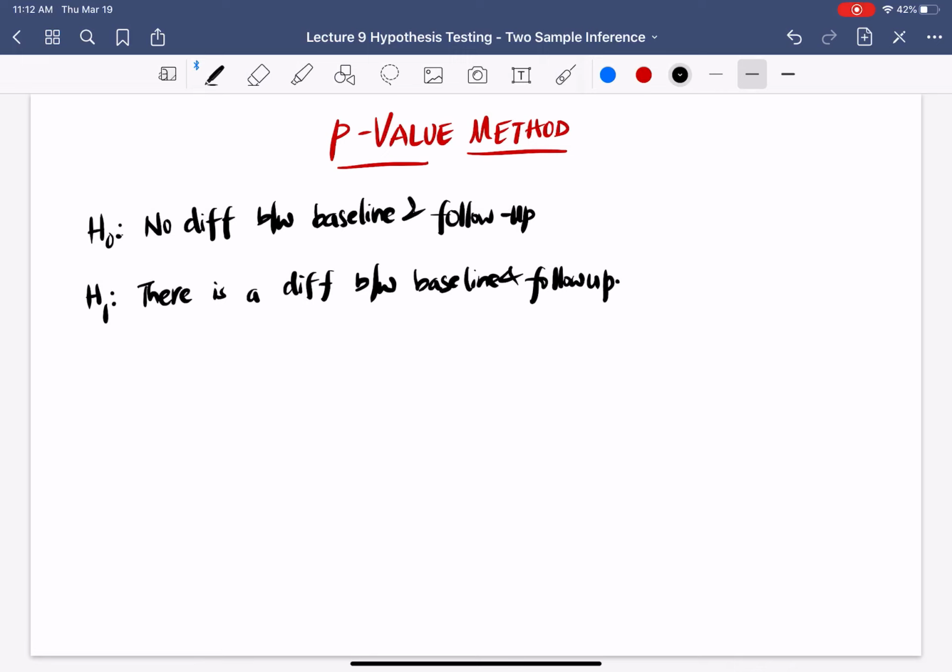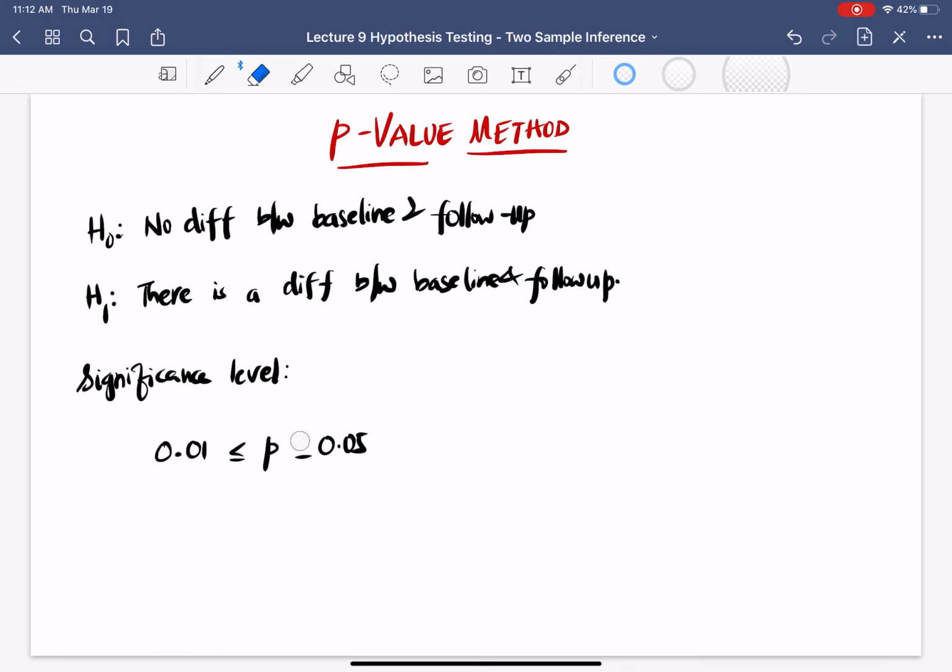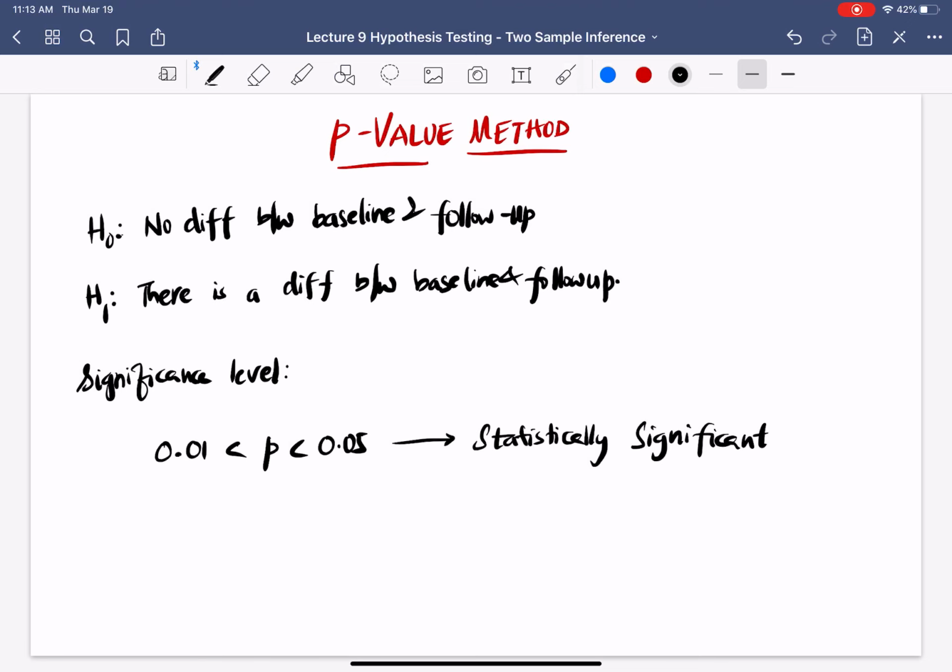So here the significance level is taken on a scale of, if the p-value that we find is between 0.01 and 0.05, we consider that this is statistically significant, and if the p-value lies between 0.001 and 0.01, we say that there is a highly significant difference.